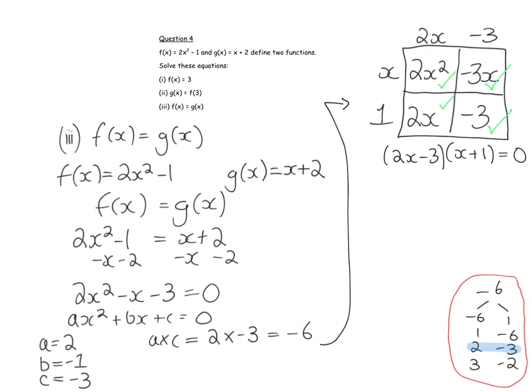That's all equal to 0. So we're going to get 2x minus 3 is equal to 0, x plus 1 is equal to 0. We'll get 2x is equal to 3, so x is equal to 3 over 2, and x is equal to minus 1. So the answers for this question is x is equal to 3 over 2, and x is equal to minus 1.